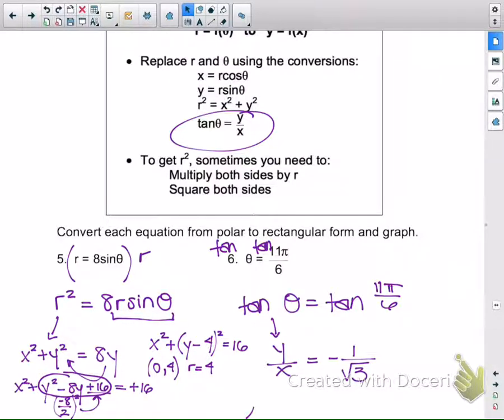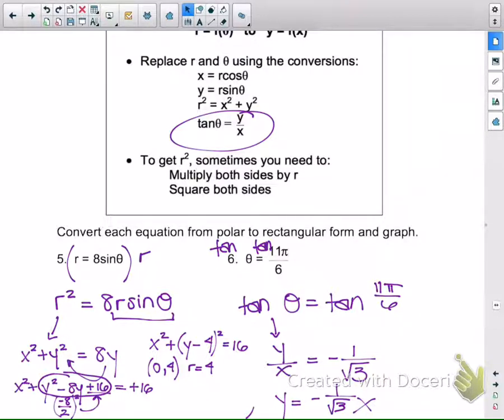When we are in rectangular, our goal is to solve for what? Y. You can leave it this way, or you can do root 3 over 3. I don't care. If I would like to solve for y, what's my last step? Multiply by x. What kind of equation is that?